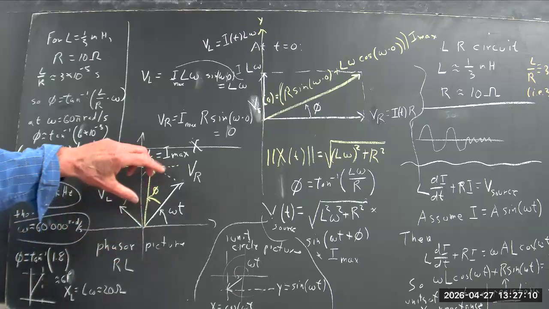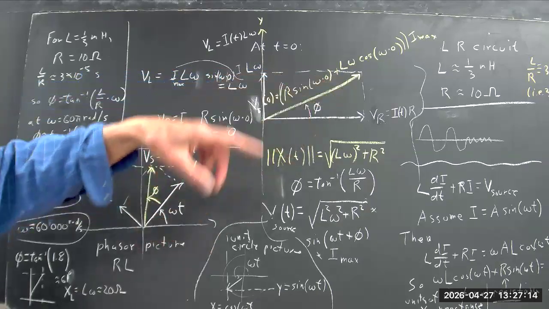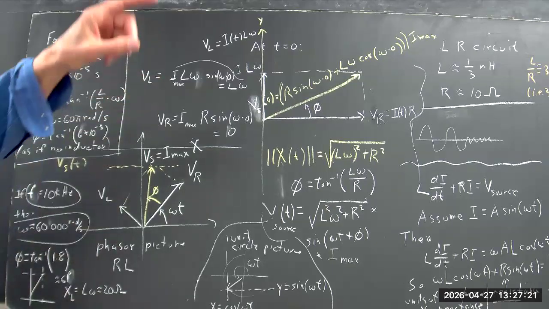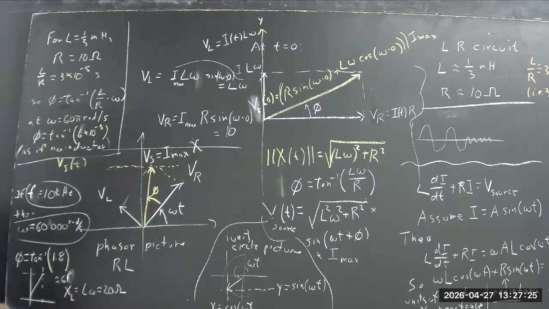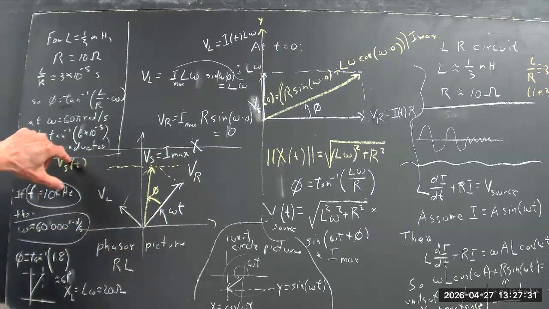So this VL, remember your VR is voltage across the resistor. Well, it's 10 ohms times whatever your maximum current is. It's the length of this one. And this one is 20 ohms.